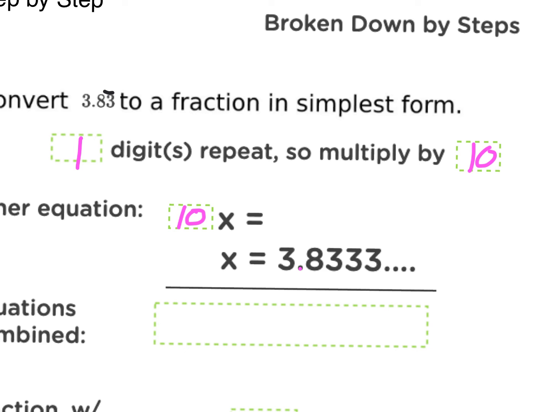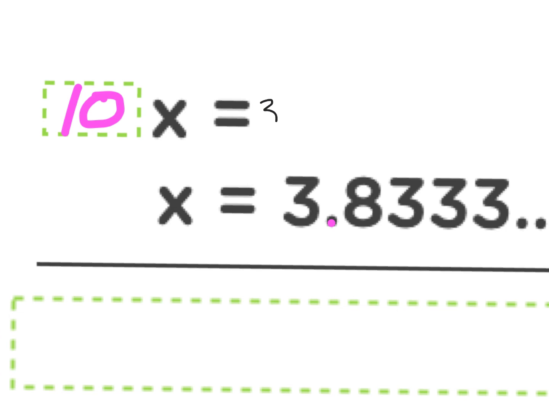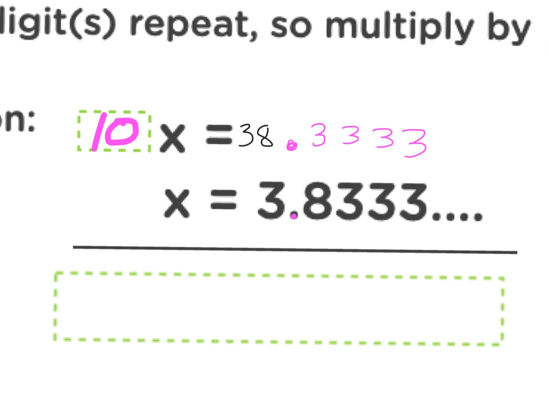So instead of 3.8, you're going to have 38 point, and then 3 repeating. So you know that you're on the right track because you have all those 3s that repeat sitting on top of each other that are getting ready to do what?